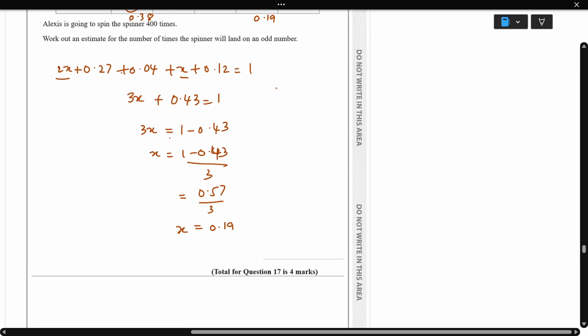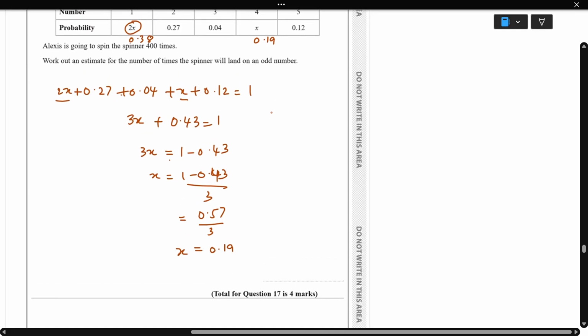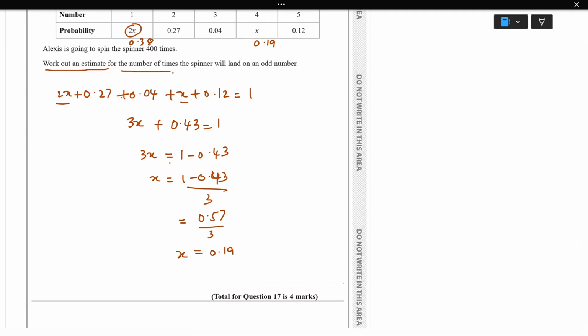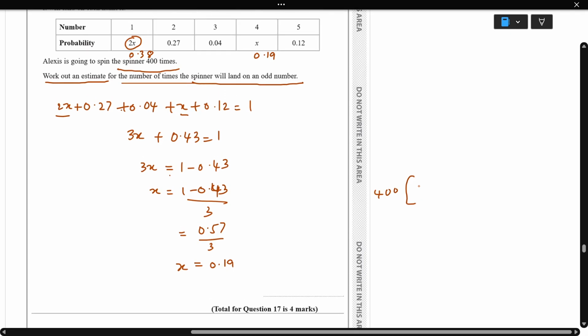Okay, so the first answer, what is the first answer? Work out the estimate of the number of times the spinner will land on an odd number. The spinner is spun 400 times. So 400 times, number of spins, odd number.